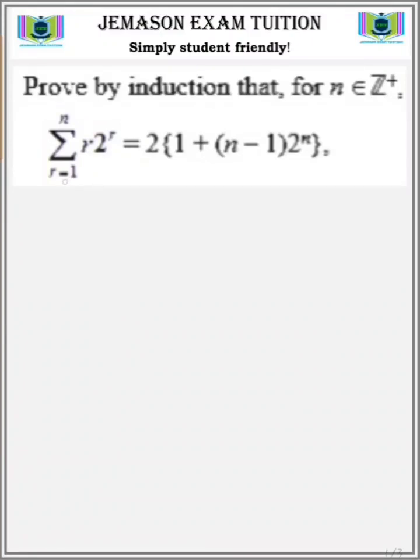Generally, when you see such a question which is involving proof by induction, involving a series, especially the one having the sigma notation, you have to first interpret this function of r, the function that follows immediately after the sigma notation. It is usually a function of r and is called the summand, which actually is the general term.